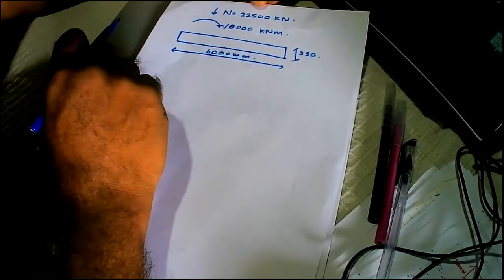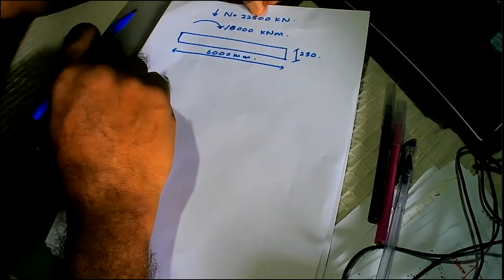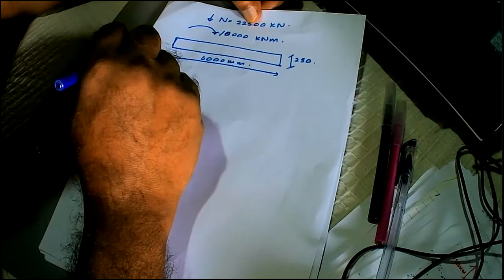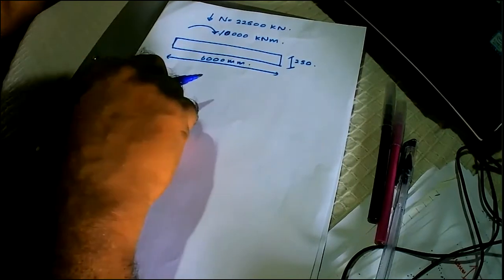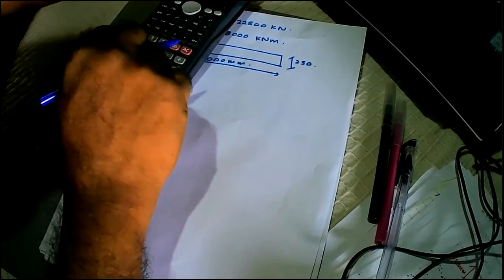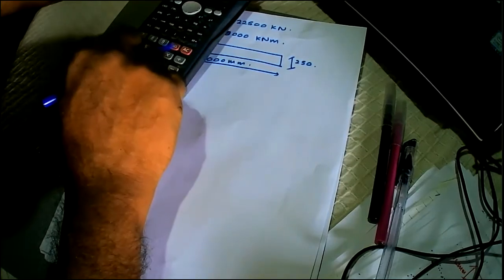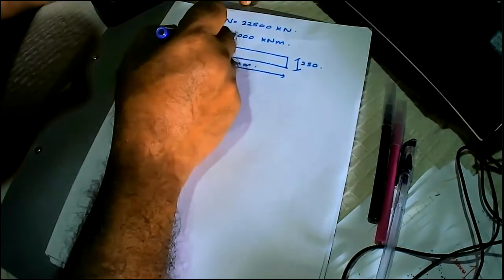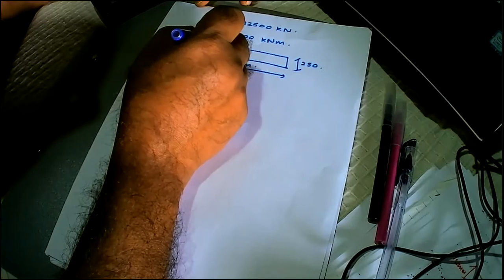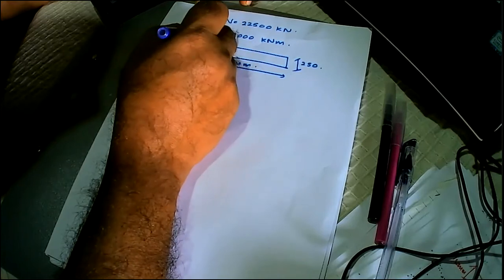We know the moment, we know the axial force. So one of the options available is, we can say we are going to provide a concentration of reinforcement over a length of, let's say, 1 meter.